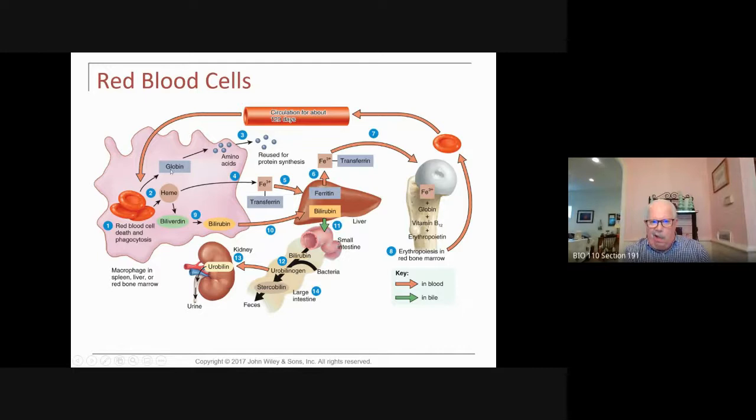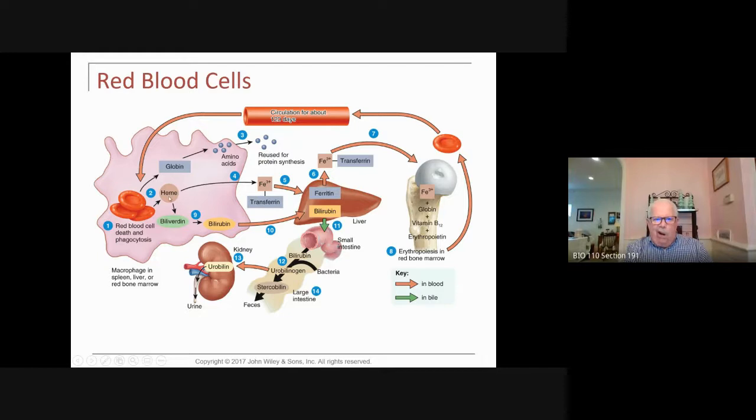Remember, hemoglobin. Here's the heme part. Here's the globin part. The globin part is protein. When you break down protein, you get amino acids. When you get amino acids, the body uses them to make more protein.